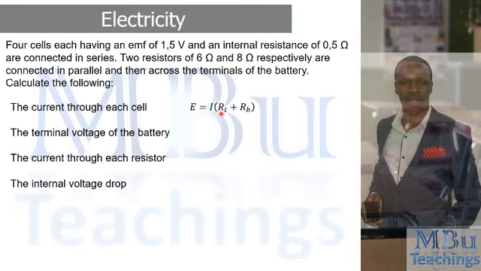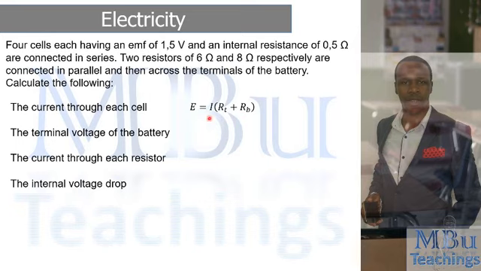We can get our RT, because for a parallel connection it will equal RP. We can get Rb. We are told that the internal resistance is this one, and the cells are 4, so we can just multiply that by 4. And then we can get our I.